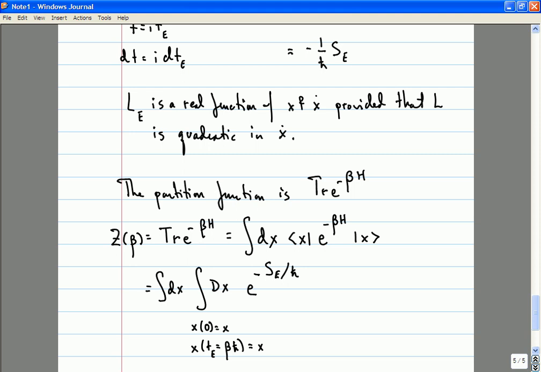So it's the integral dx, where x is just a number, times the sum over all paths through Euclidean time that start and end at the same point, which I could write a little more succinctly as the integral over all paths which are periodic in Euclidean time.